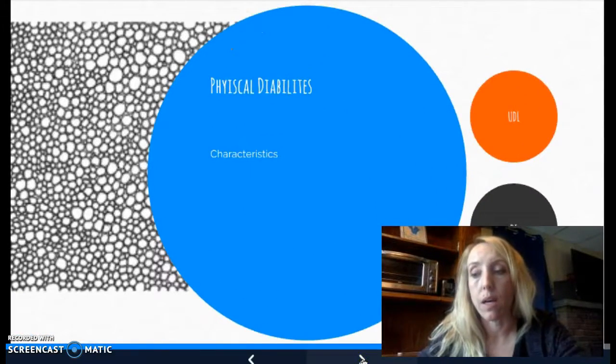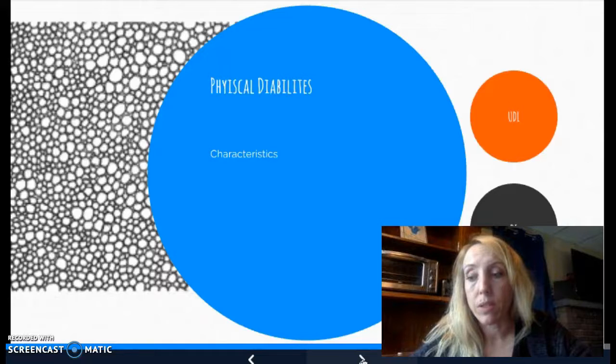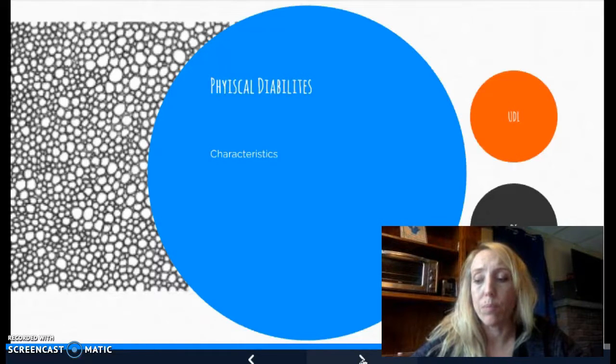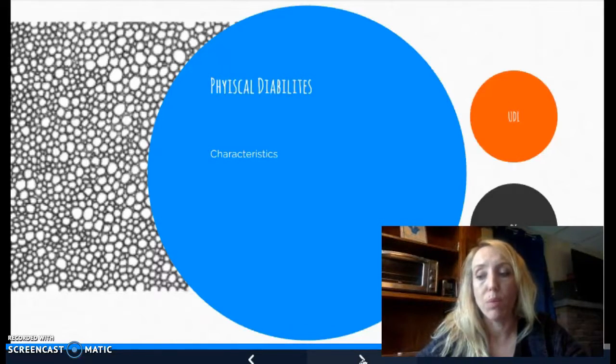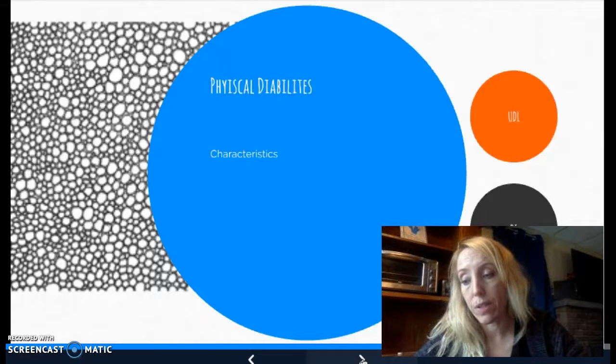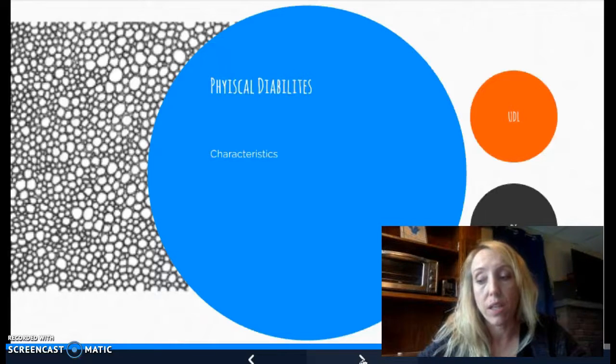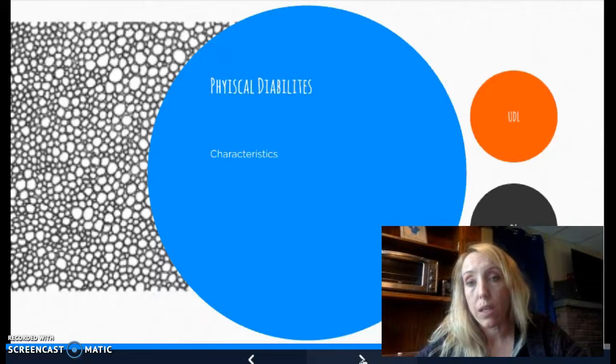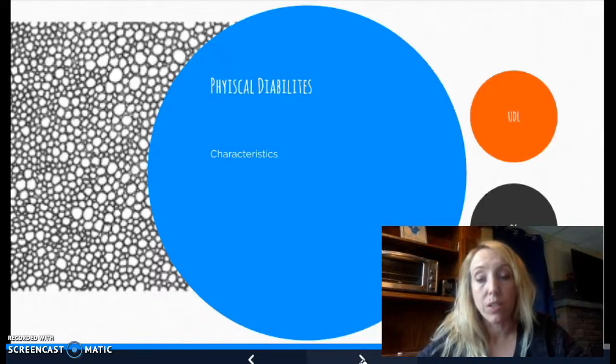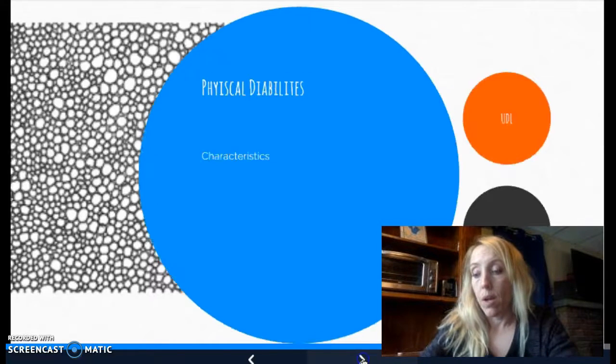Physical disabilities and other health impairments. Physical disability pretty much refers to mobility limitation. And other health impairments, having limited strength, vitality, or alertness, including or due to a chronic health issue or acute health problem like asthma or ADHD, epilepsy, heart conditions, etc. Those are all characteristics of other health impairment.